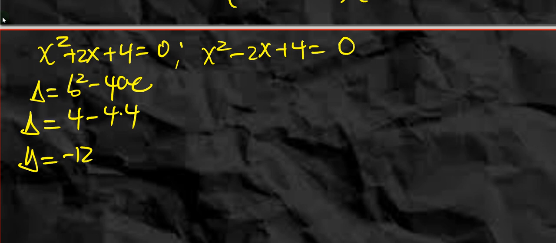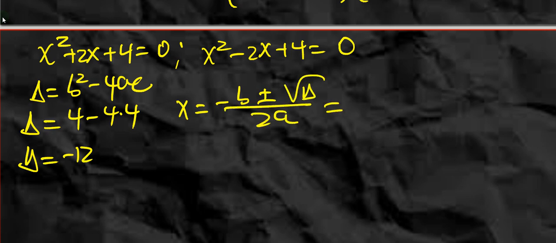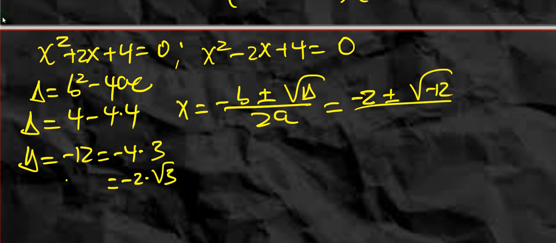So for this equation here, our x is going to be minus b plus or minus square root of delta divided by 2a. So this is going to be negative 2 plus or minus square root of negative 12. You can write this as minus 4 times 3, and square root of 4 is 2. So we're gonna have 2 square root of 3i divided by 2.